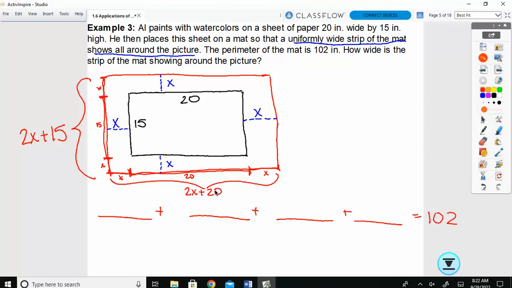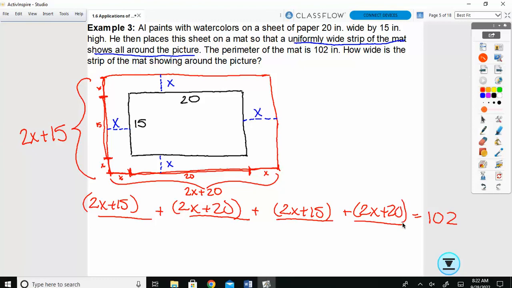Okay, so for perimeter this time I can't just say 4 times it because not all 4 sides are the same. You're welcome to write this out. That side's 2x plus 15, this one's 2x plus 20. Moving around the rectangle, this is another 2x plus 15. That's another 2x plus 20.